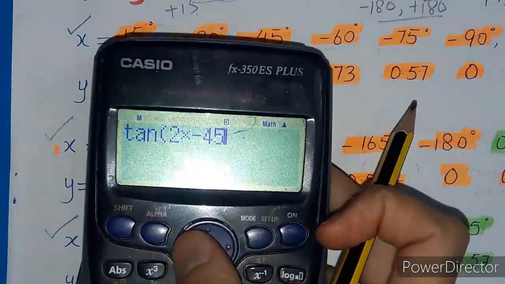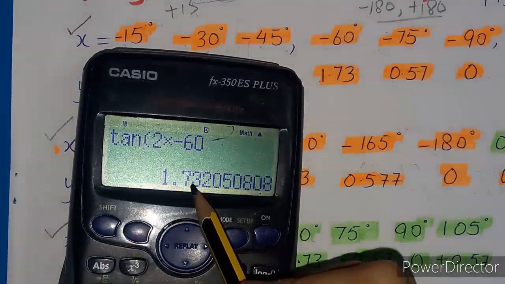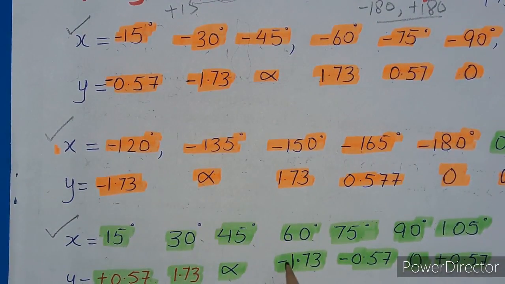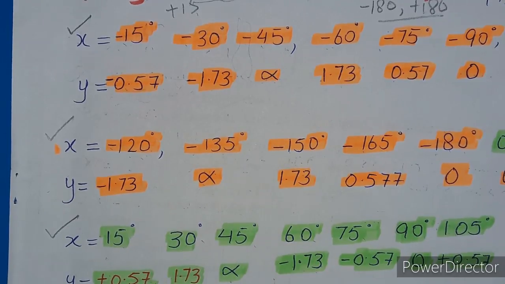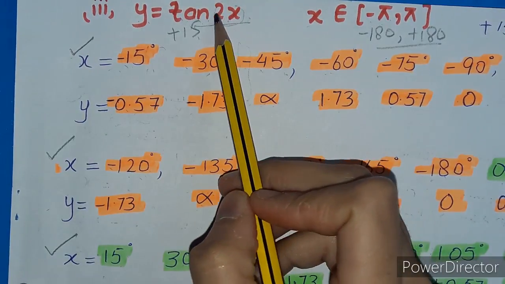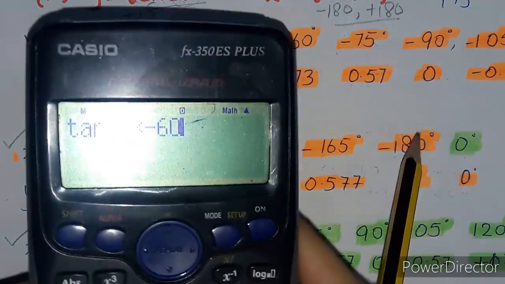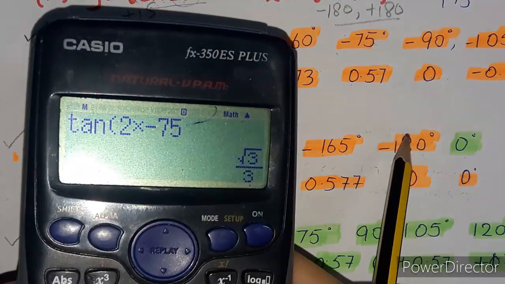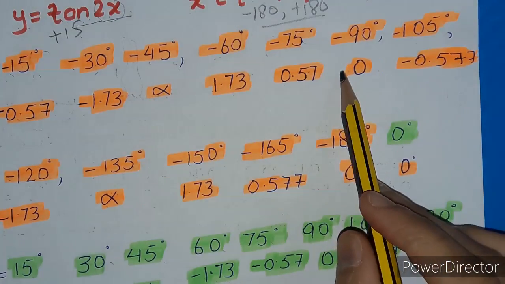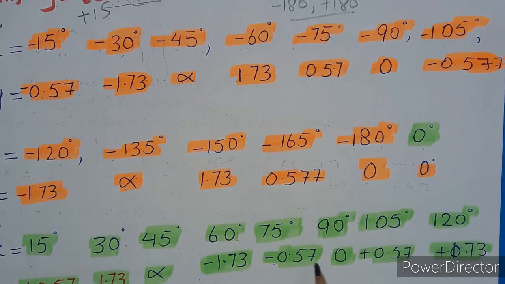Then 2 multiplied by minus 60 gives plus 1.73, and plus 60 gives minus 1.73. It is the same method, just that we are given 2x, so multiply the value of x by 2. Then minus 75: putting it in the calculator, we get 0.577, with a negative sign, minus 0.577.